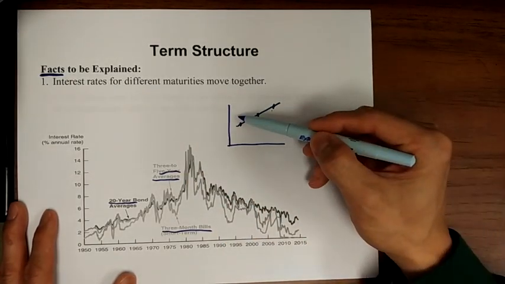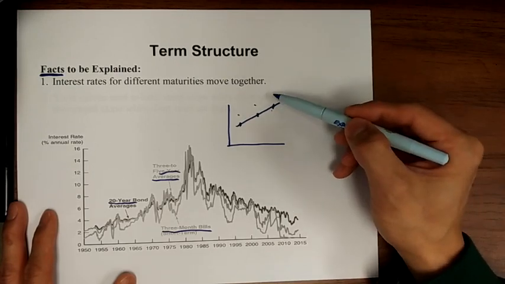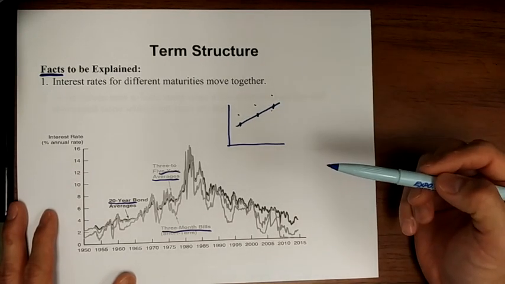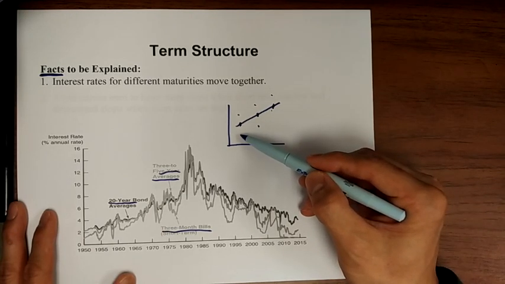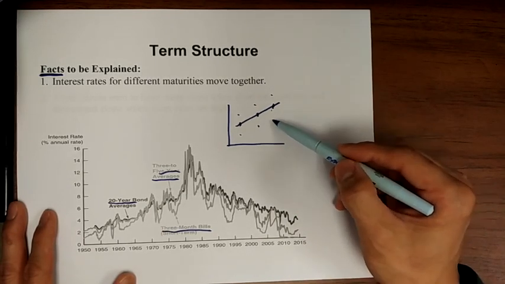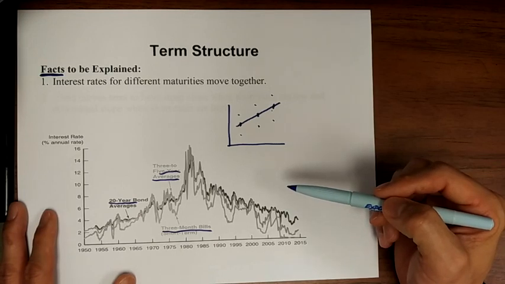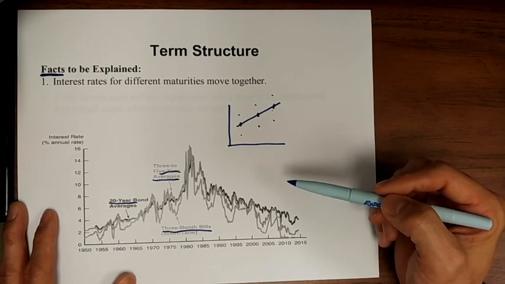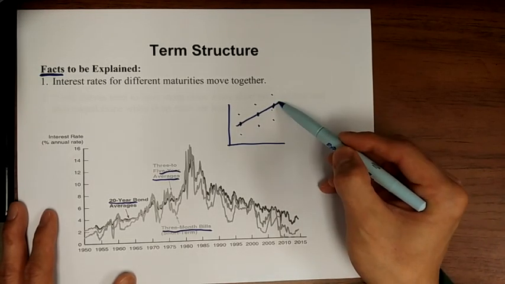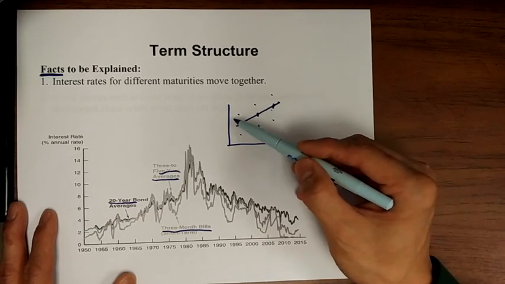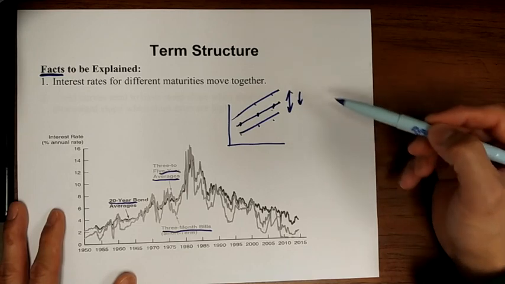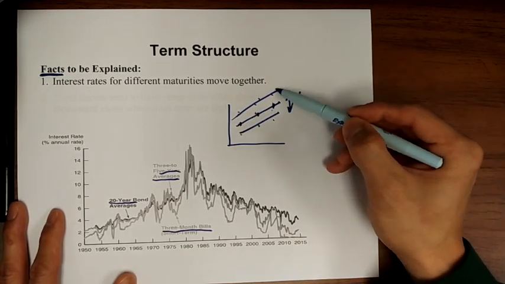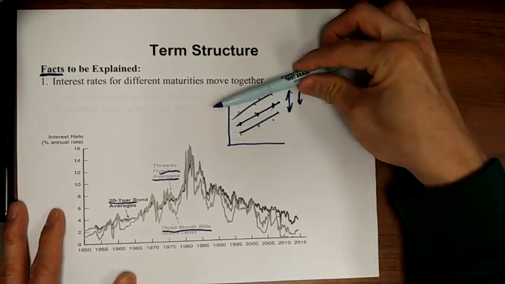That is, when one goes up, the others all go up. When one goes down, the others in general go down. So what does that mean? That means the yield curve in general shifts up or down because they move together.